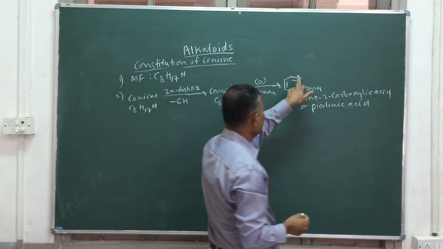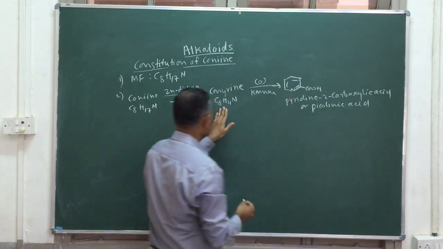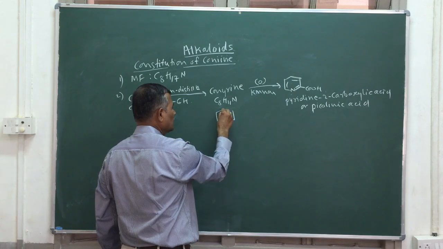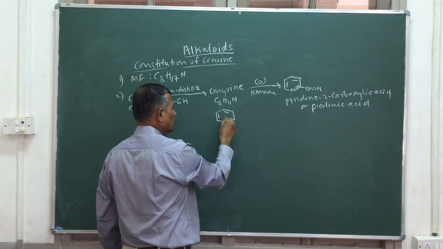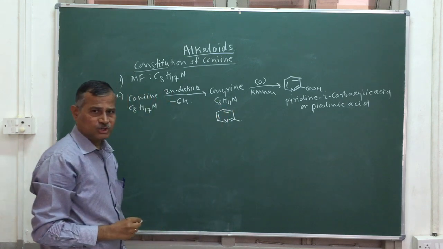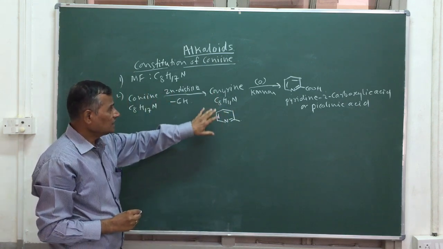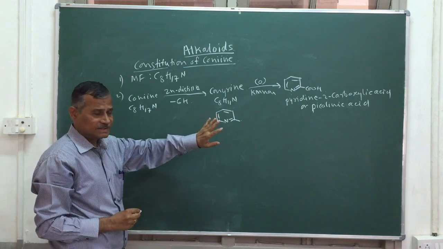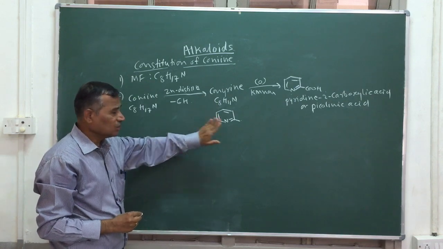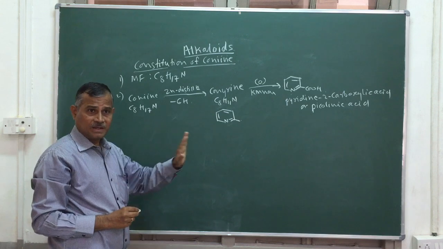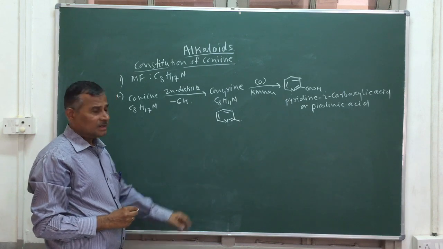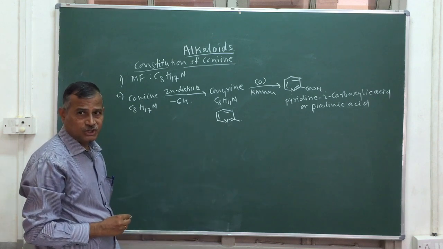We don't know the side chain, leave that aside. So conyrine must have the pyridine nucleus with the side chain at the second position.